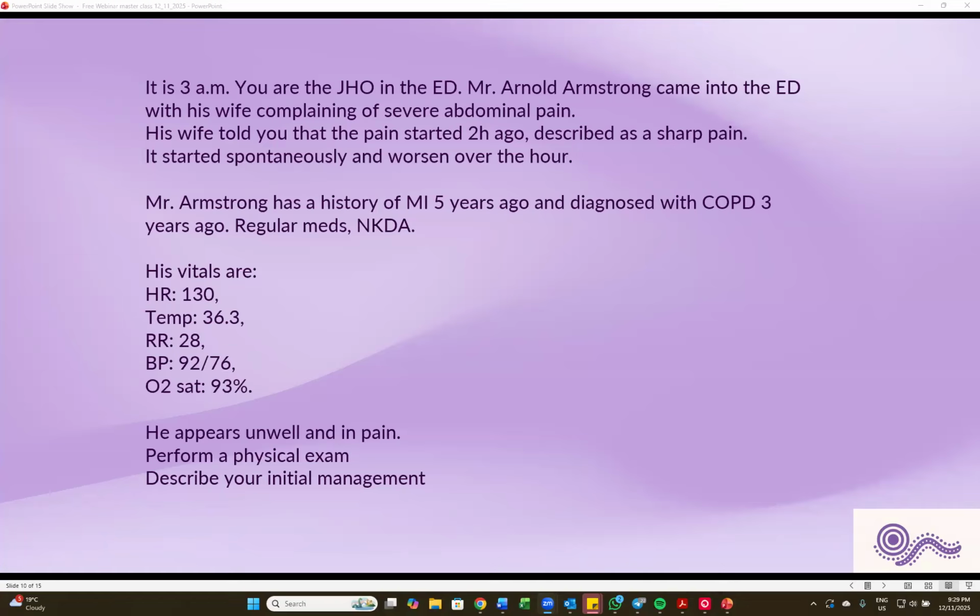I'll ask him to breathe out, exhale. Arnold, can you please exhale? Then if he's having pain when I'm palpating, then I have to take it out. So that is Murphy sign positive, if the patient is having pain. Depending, then I will also do the kidney ballottement.